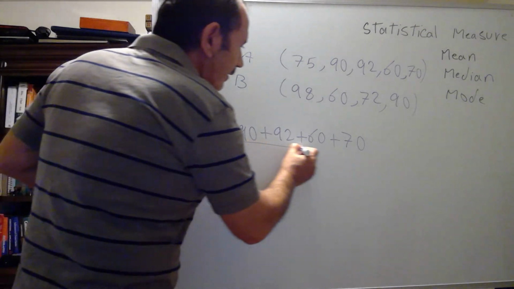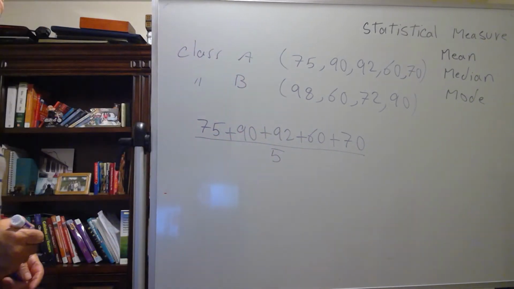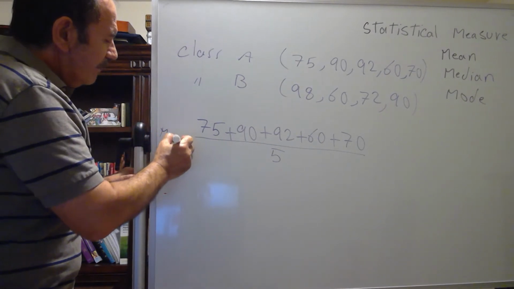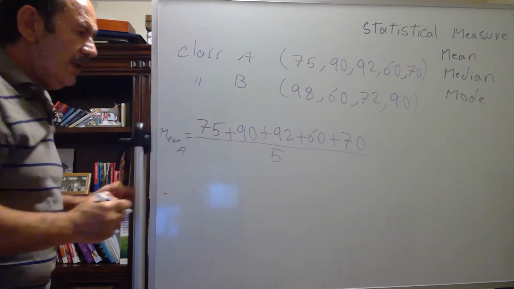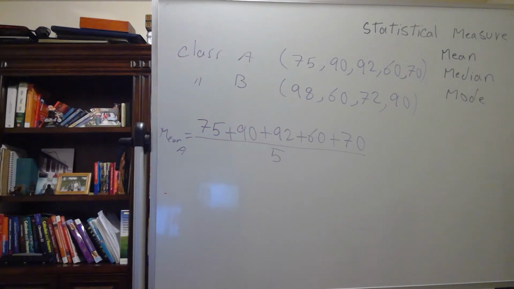And how many data do we have? 5 data, so divide by 5. This is going to be the mean of class A. If I calculate this, what's the result?